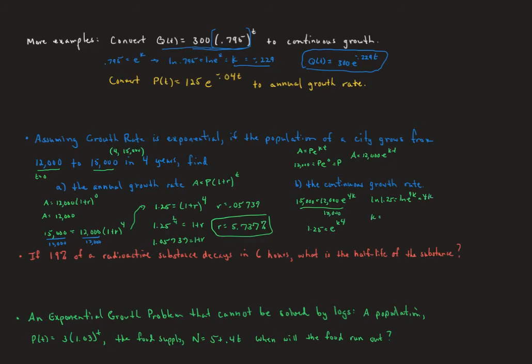So our k is going to be the natural log of 1.25 divided by that 4. And the natural log of 1.25 divided by 4, I'm getting to be 0.05578 when we round it, and that's going to be, then, k is going to be 5.59%.